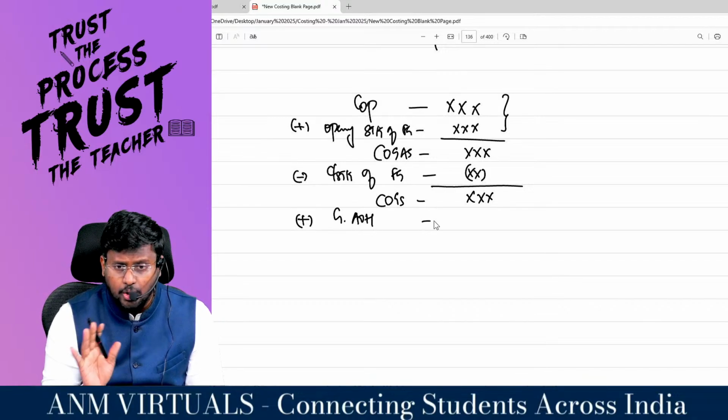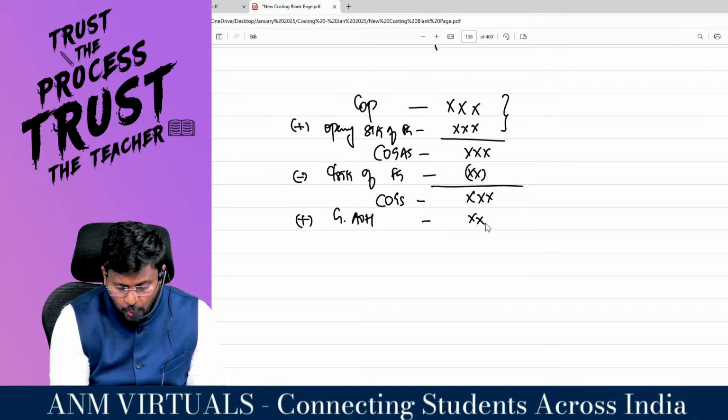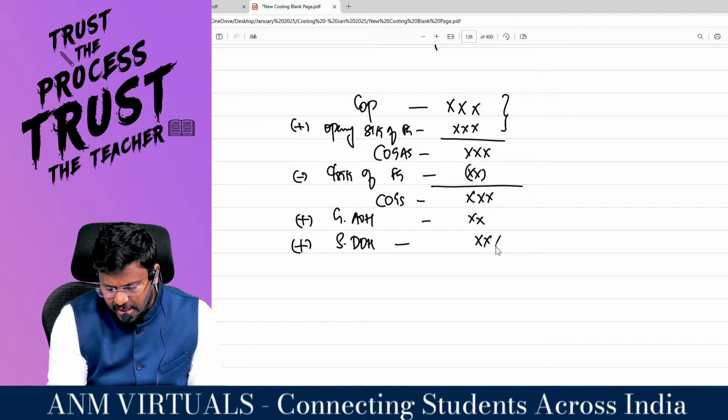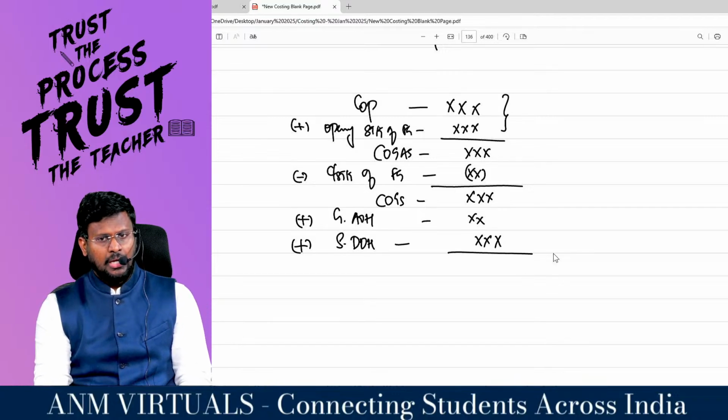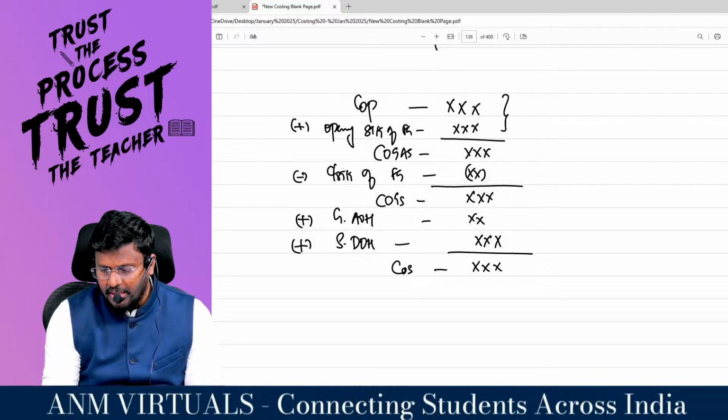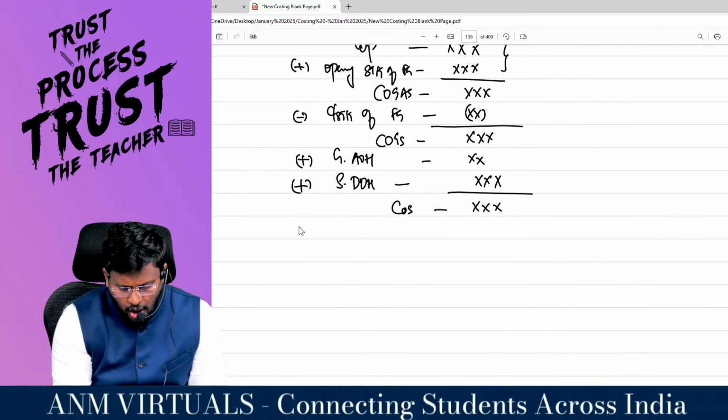This is not related to production. Then we have to add selling and distribution overhead, and then you will get the cost of sales.